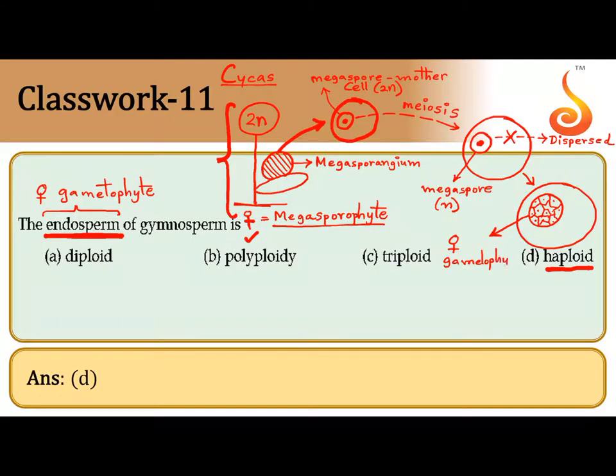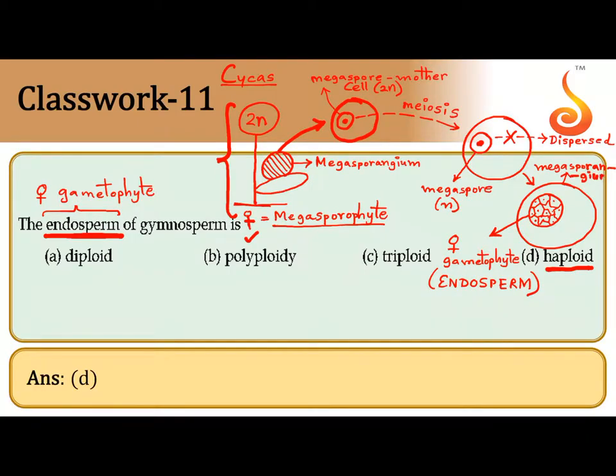So this female gametophyte, in case of gymnosperm, we call endosperm. Okay, so what is endosperm now? It is a female gametophyte. And where is it sitting? What is this outer structure? This outer structure we called the megasporangium.